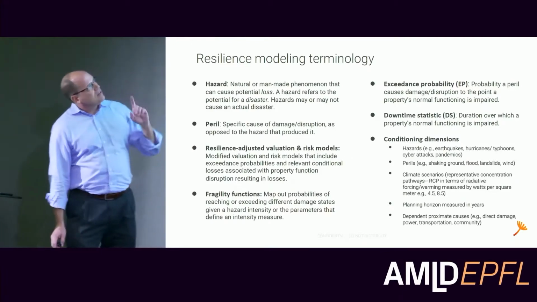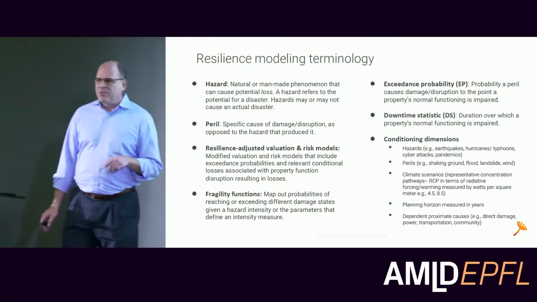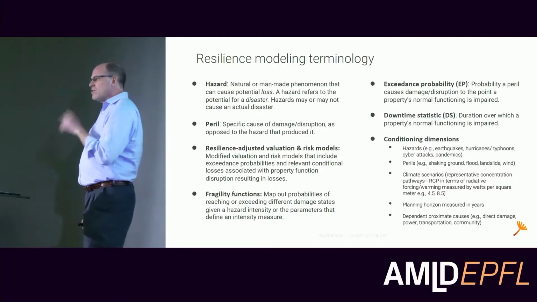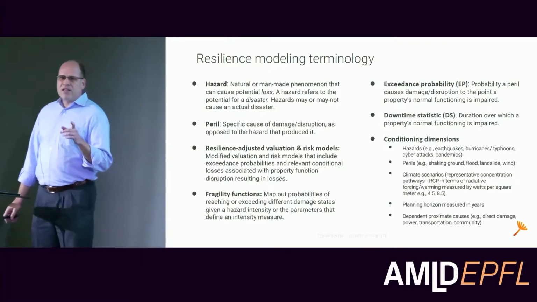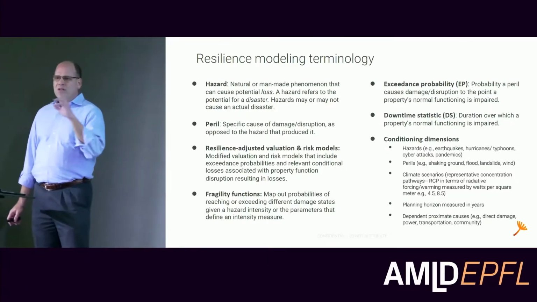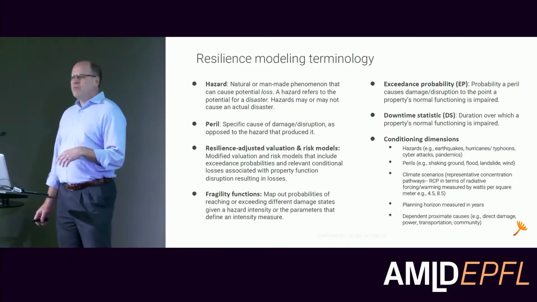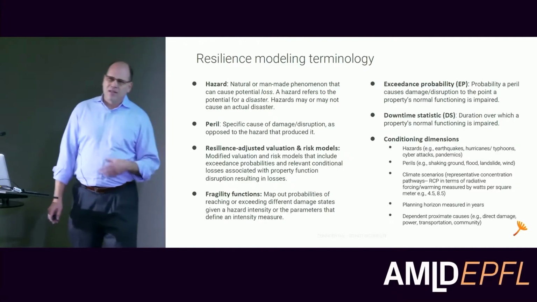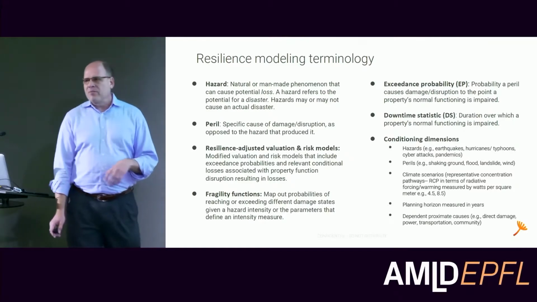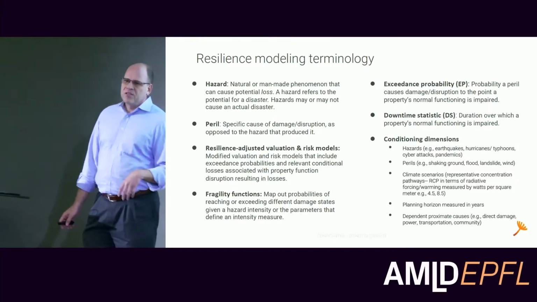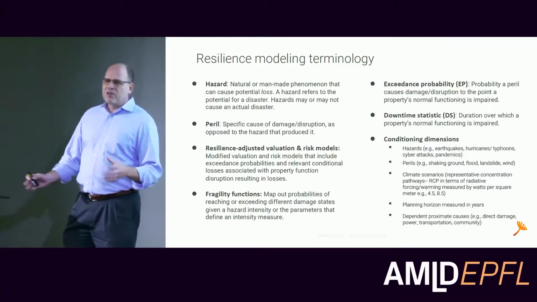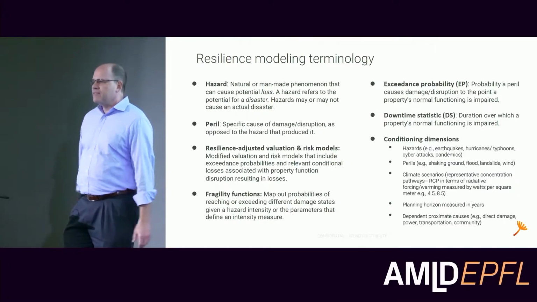But the peril is the thing that actually causes the damage. So for example, if I have a hurricane or a typhoon, it's actually flood inundation that causes the damage. So that would be an example of a peril. Another peril might be wind. So I might have excessive wind speeds, or I might have storm surges on the coast. For earthquakes, typically shaking ground, but also tsunami is another peril.